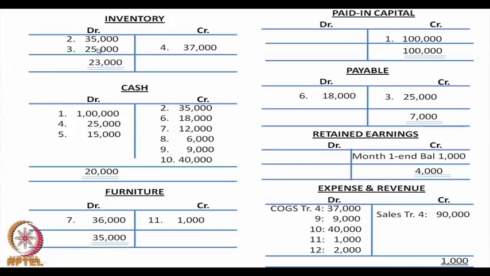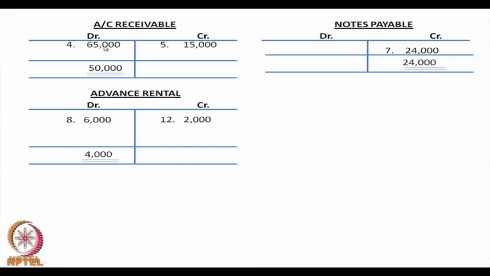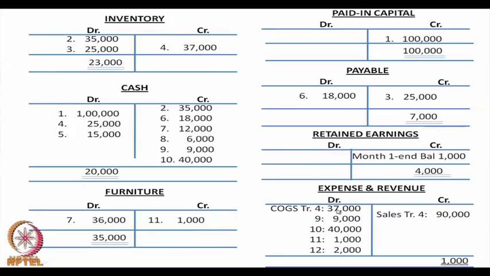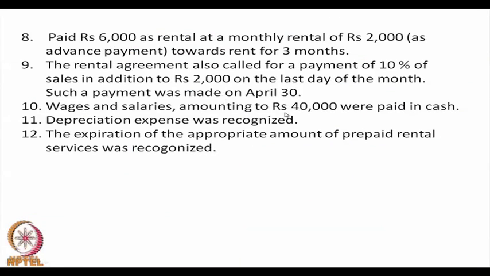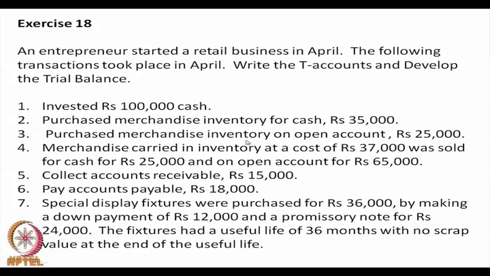One is inventory depletion, next is cash increases, next sales increases, and then accounts receivable increases and COGS increases. So, these are the various entries on account of transaction 4. It is quite a little complicated, but I think there is a logic that I am sure you have followed.